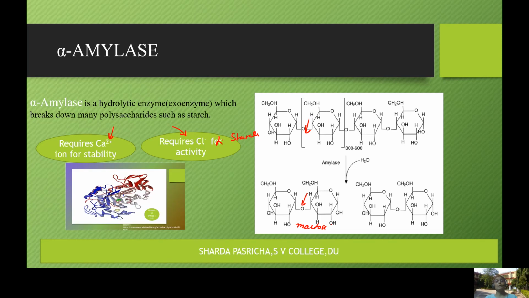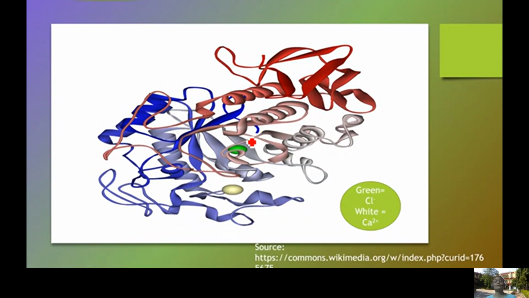This is the structure of your salivary amylase. This is your chloride ion in green, and this is the calcium ion. The calcium ion is required for stabilizing the three-dimensional structure of the protein. If the calcium ion is removed from the amylase structure, the three-dimensional protein structure opens up, and the active site is no longer available.